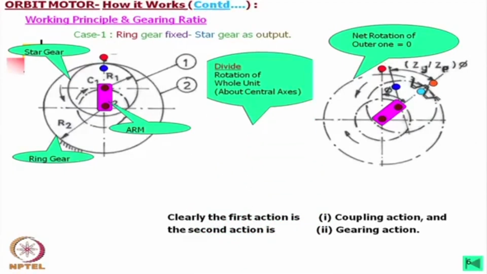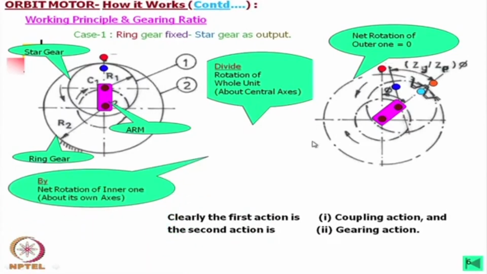Now, to find the transmission ratio, we divide the rotation of the whole unit about the central axis by the net rotation of the inner one. Equation-wise, we have first given these rotations.